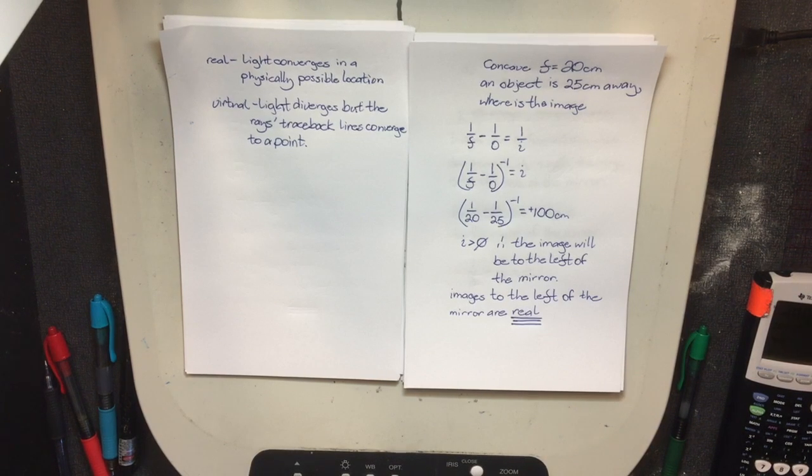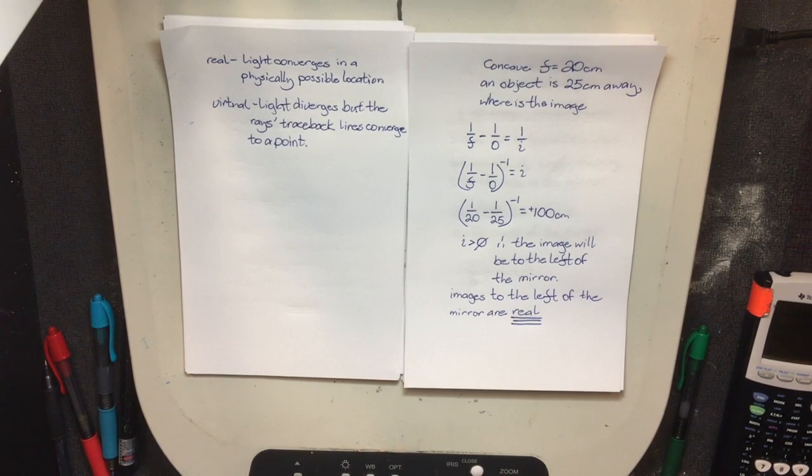Yes? Is the image always behind the object? No, not always. I think I've posted it already: in addition to the problem set that's due on Tuesday, there's a packet on Blackboard called Optics.